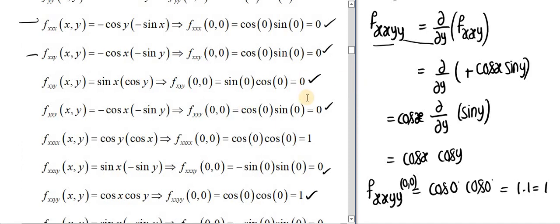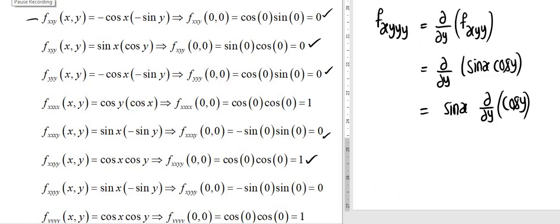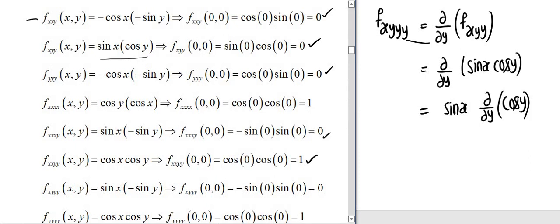Next we are going to find out f_xyyy. f_xyyy is dou by dou y of f_xyy. We know the value of f_xyy, that is sin x into cos y. I am keeping sin x outside because we are doing with respect to y.